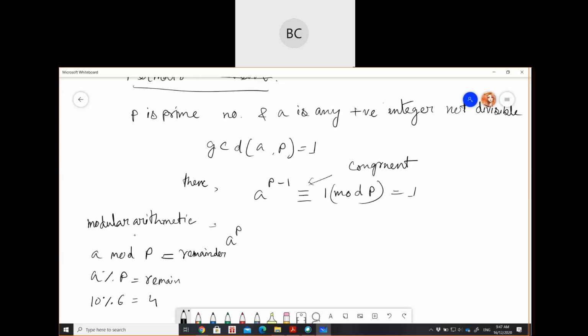But if the opponent gets the smaller key, it will be difficult for them to get the bigger key. For the two parties it's easier to handle, but at the time of decryption it will be difficult for the opponent to guess the main big key. So they take a bigger number, use modular operations and find a smaller number as the key.